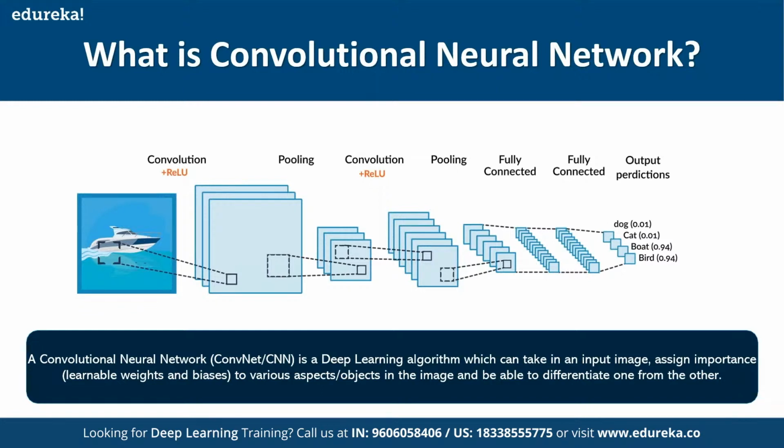Now, when we apply our image data on our convolutional neural network, what would happen in the backend is, my neural network is going to apply various filters in the backend. And by applying various filters in the backend, it is going to learn the important features for a given input image. Now, in this example, I'm having an image of a motorboat. Now, I'll have some kind of a filter.